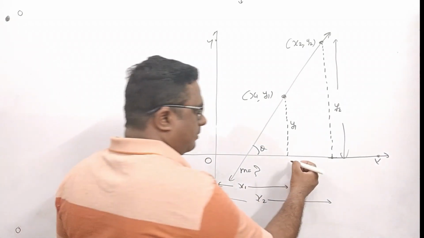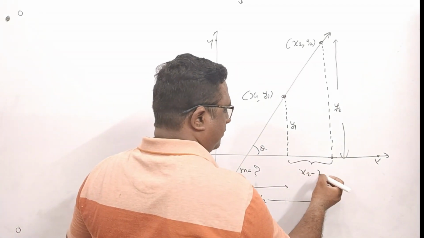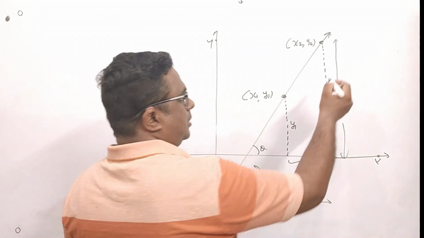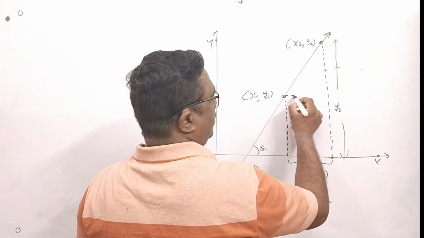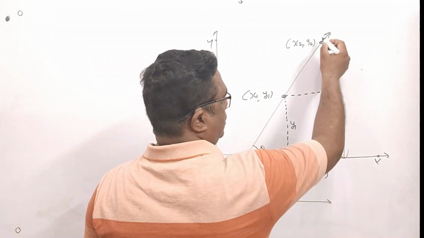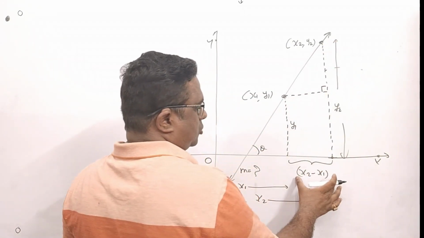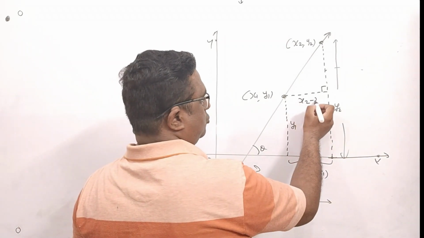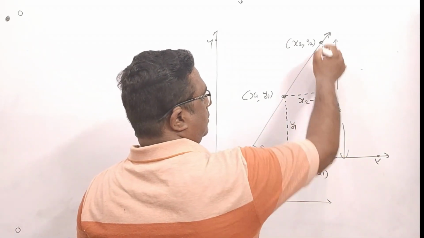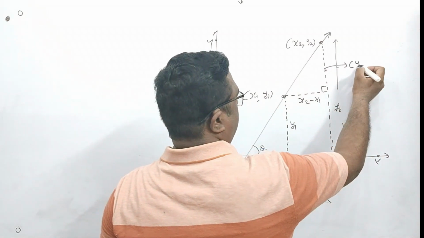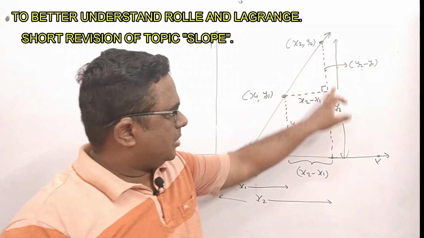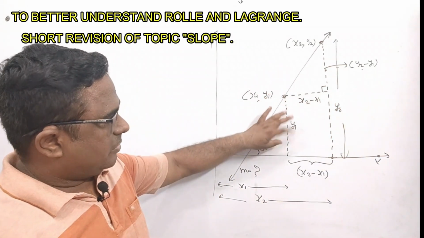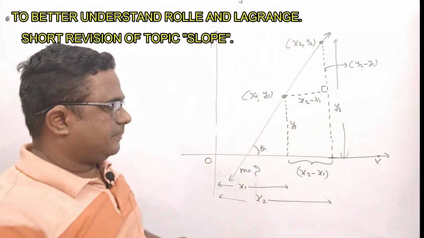From here till here it is x1 and from here till here it is x2. So how much this gap is left? This gap is left x2 minus x1, and in the same way this gap is also left. If I draw perpendicular from this point on this line, then it is x2 minus x1, and this gap will come y2 minus y1, because this whole height is y2 and this much height is y1, so it will left y2 minus y1.